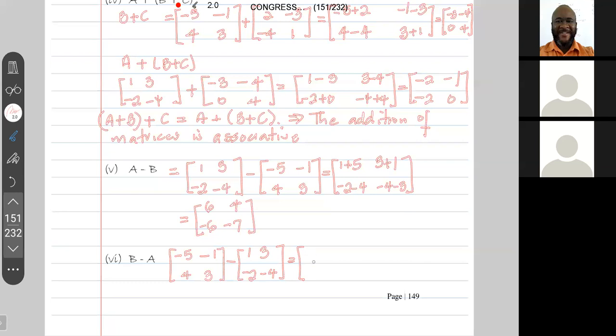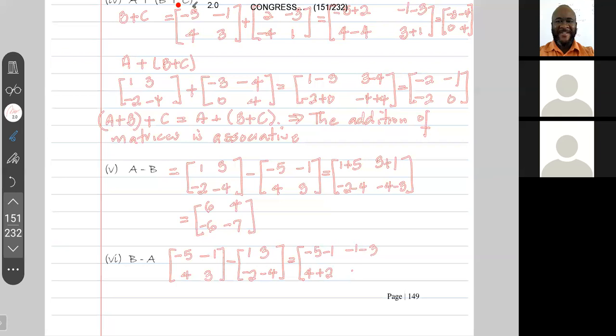So top left, minus 5 minus 1, minus 1 minus 3, 4 minus minus 2, which is plus 2. Because a negative times a negative is a positive.